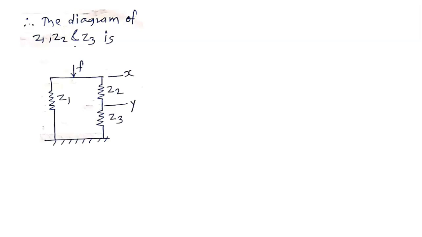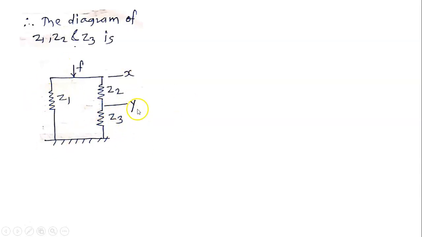Therefore, our next diagram is like this. Z1 is the impedance of M1 and K1, Z2 is the impedance of K and B, and Z3 is the impedance of K2 and M2.